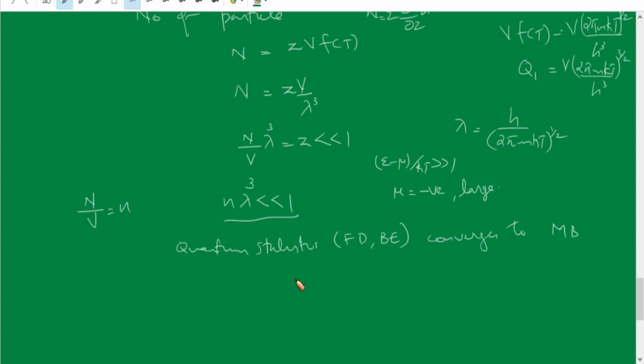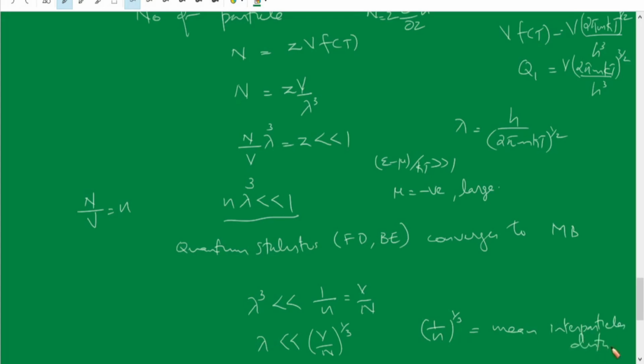Here you can write lambda cube is very much less than 1 divided by n, or V divided by N. Therefore lambda is very much less than (V divided by N) whole raised to 1 by 3, that is the cube root of V by N. This is the mean interparticle distance in the system.